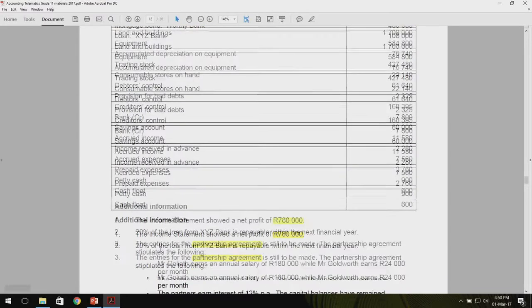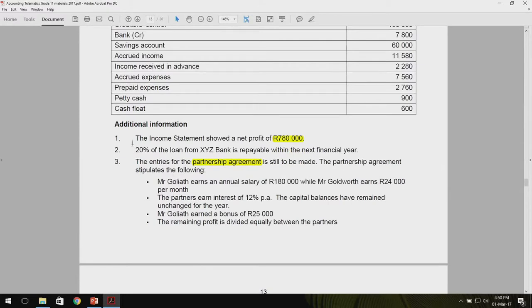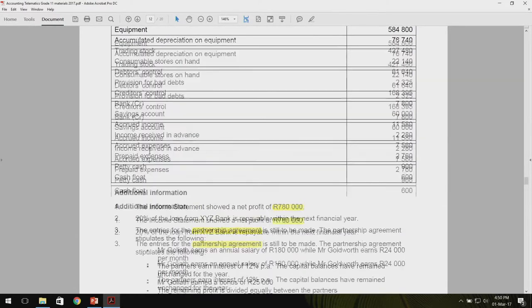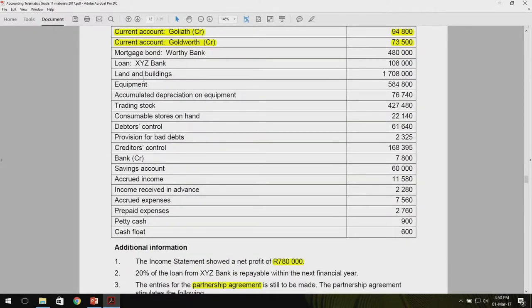But remember, I took into consideration information number 1. I've done that. I haven't considered information number 2, so I must still consider that. And I've done information number 3. So number 2, I must just draw my attention to. Okay, so let's start. I'm going to start in this order from the top to the bottom. So I'm going to skip out on mortgage bond for now. I'm going to go to land and building.